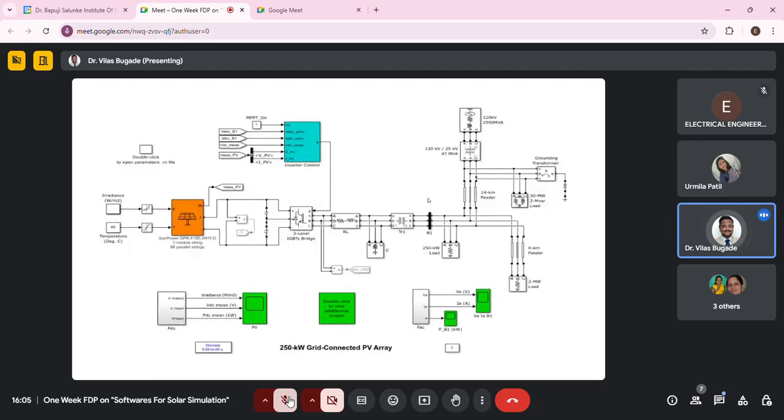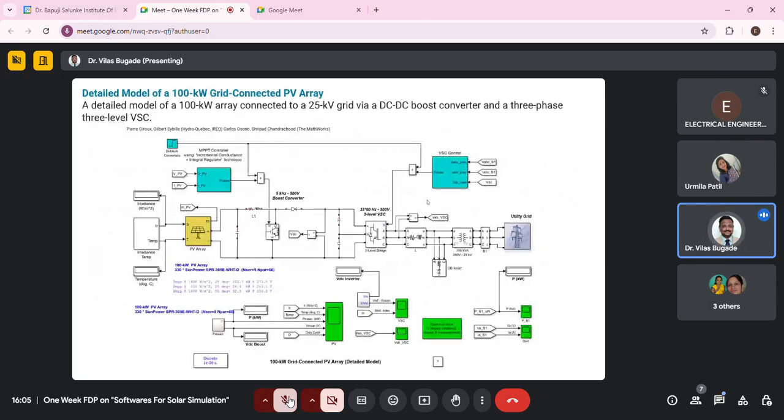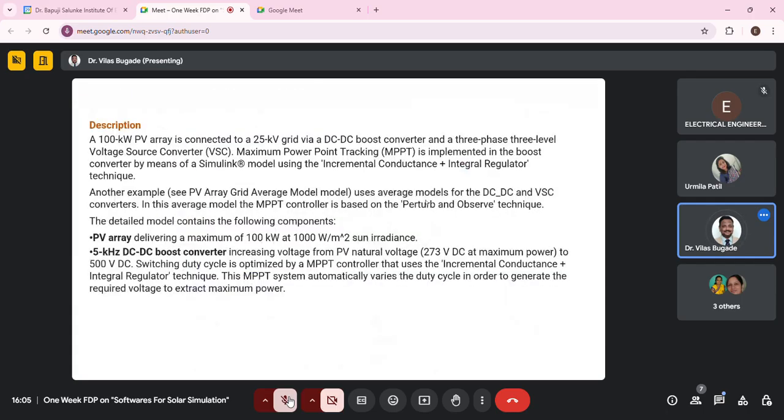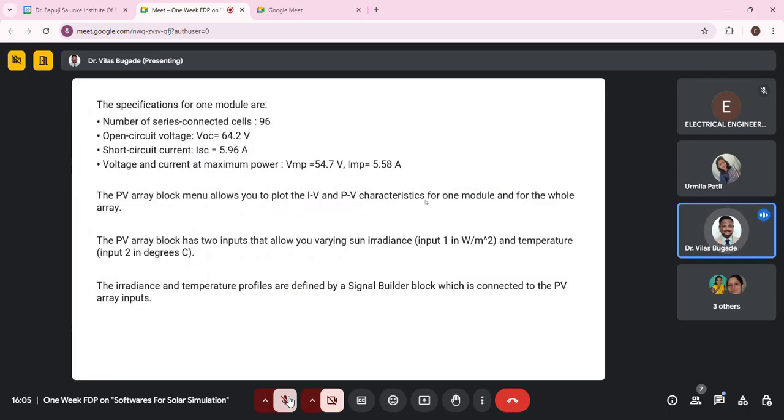This we did for a 250 kilowatt grid connection. You can give this to higher level, third year or final year students as a project, so that they can understand the concept very well, do a hardware model, and it is possible to make a paper on that.